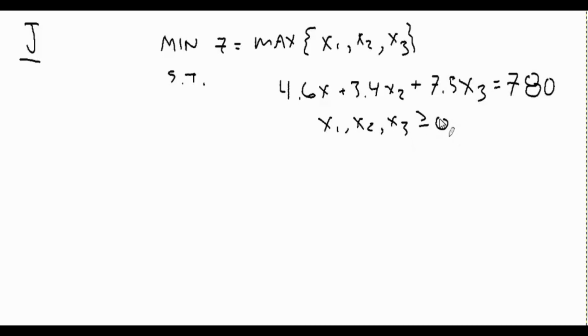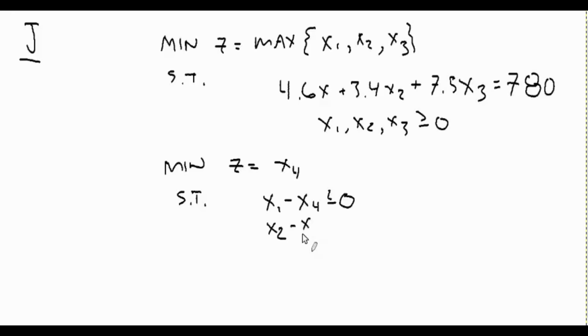Okay, it wants us to take this optimization problem, which is not a linear program, and turn it into a linear program. The way to do that is to introduce a fourth decision variable, x sub 4. And now we write down: minimize z is equal to just x sub 4, this new decision variable, such that x sub 1 minus x sub 4 is less than or equal to 0. x sub 2 minus x sub 4 is less than or equal to 0.